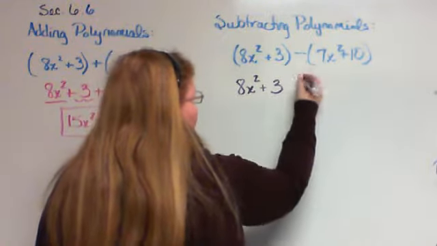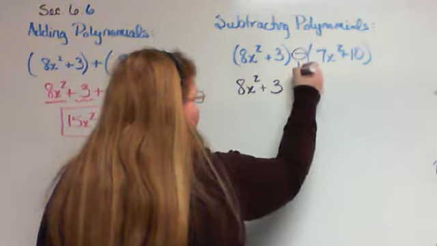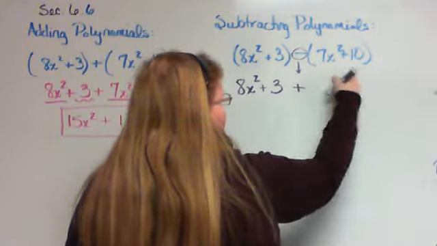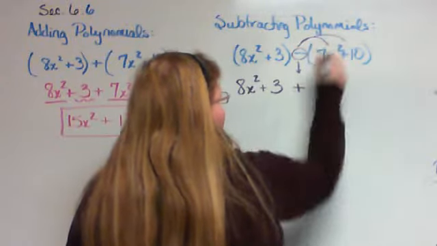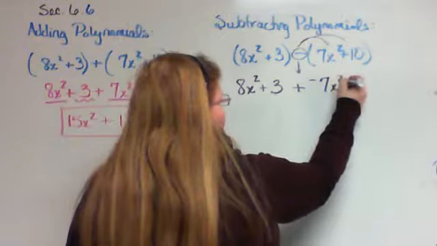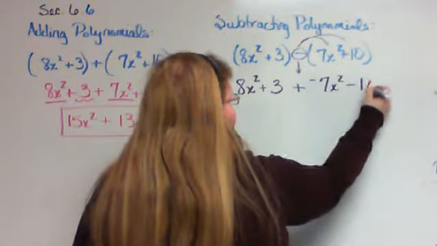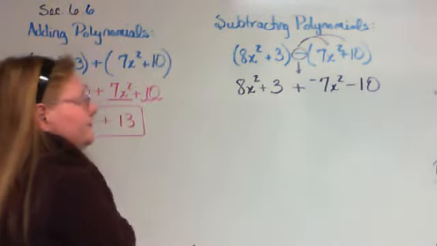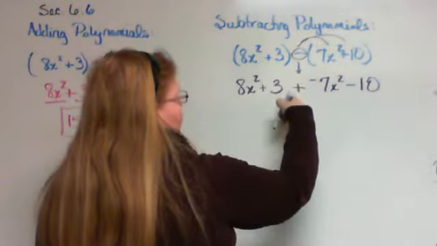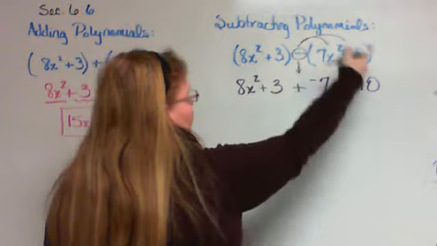But this minus has to change to a plus. And then it gets distributed to everything throughout my parentheses. So it'll be a negative 7x squared minus 10. So I change it to plus the opposite, and then that opposite gets distributed.